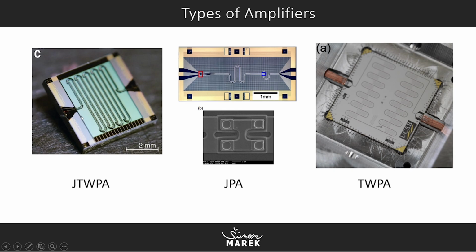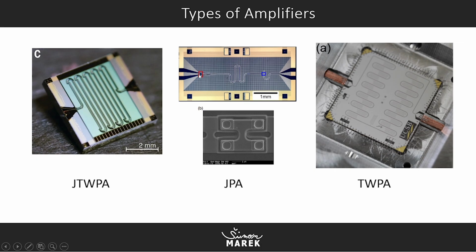This is the main type, Josephson traveling wave parametric amplifiers. Yeah, Josephson junction and resonator cells, and there are thousands of these, probably 2000 or so. And there's a different type, which is the Josephson parametric amplifier, which is very simple.